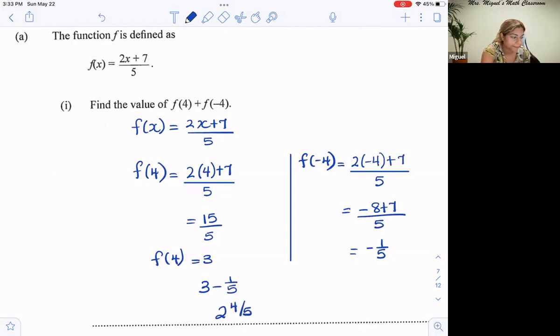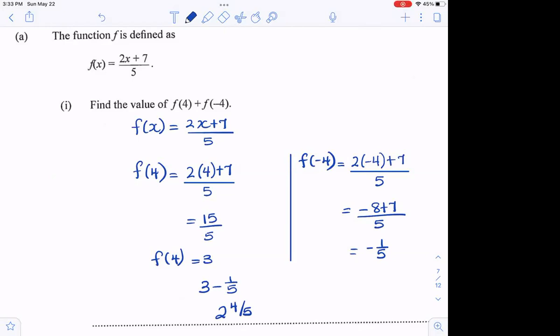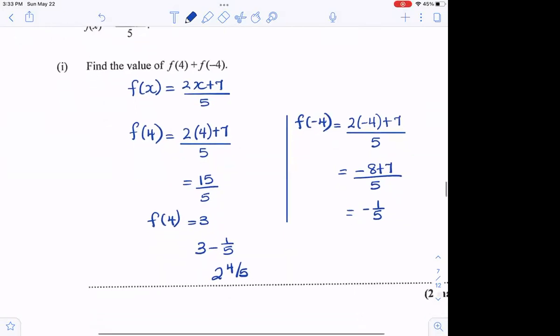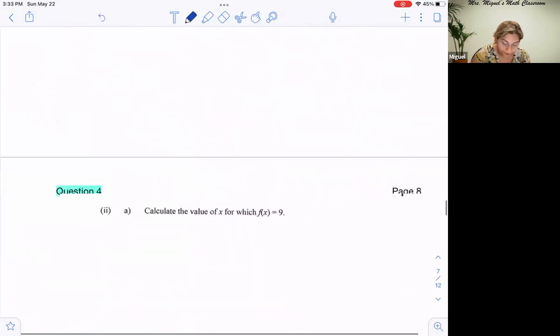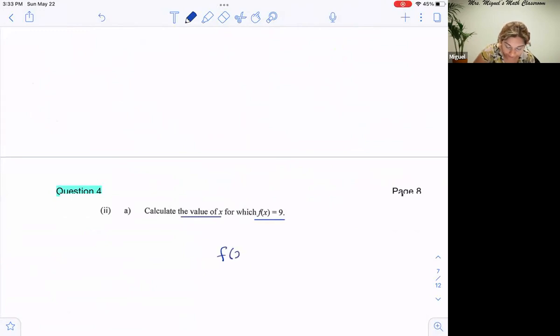Did you all get that? Yes, miss. All right. The next part of the question goes on to ask, find the value of x for which f of x is equal to 9. They are telling you the f function is equal to 9.